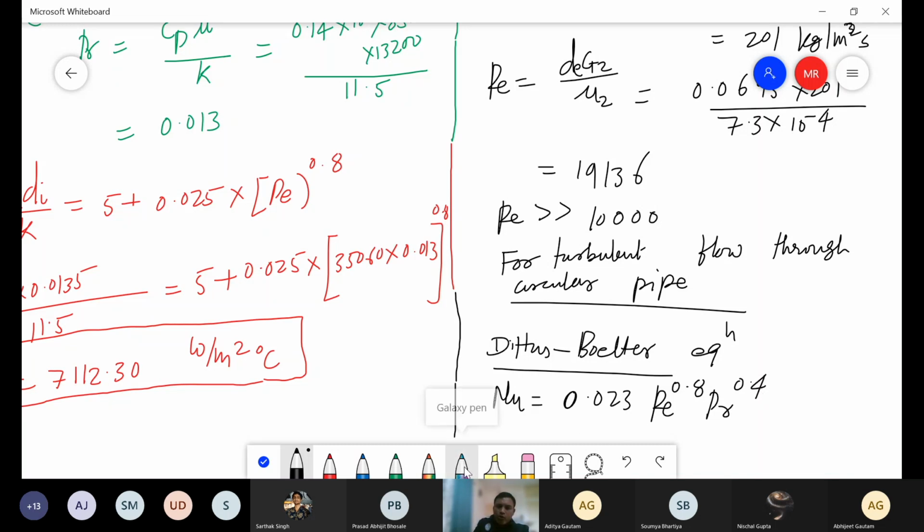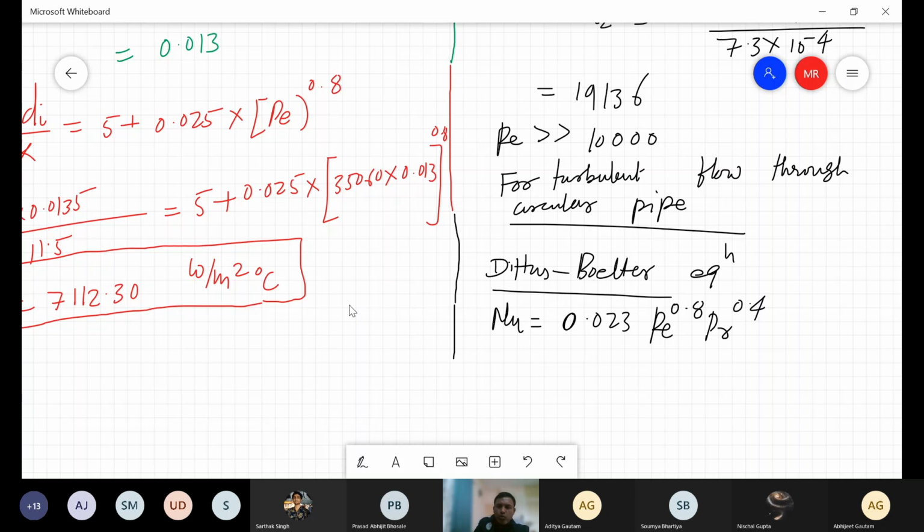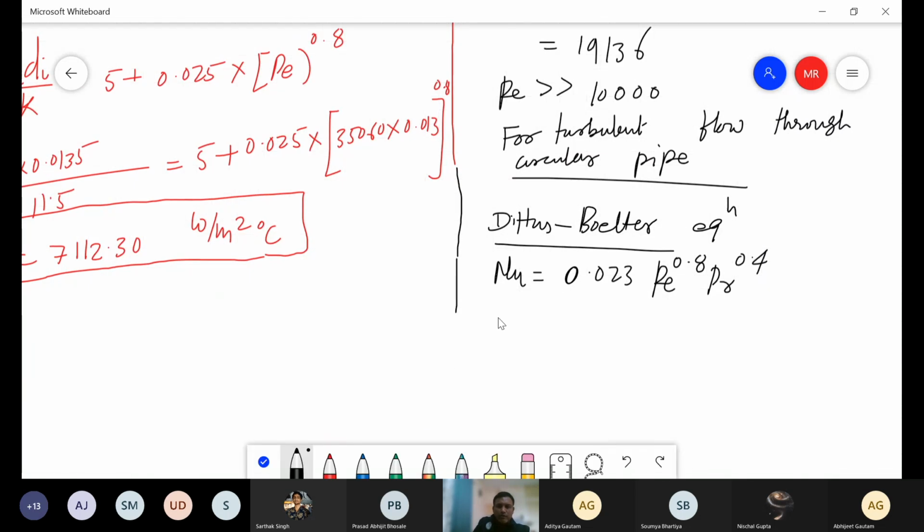So now you can put all the values in this equation. So again, Prandtl number you can calculate. So Prandtl number is Cp mu by K. Cp of the water is given. Cp of the water, what is the value given?